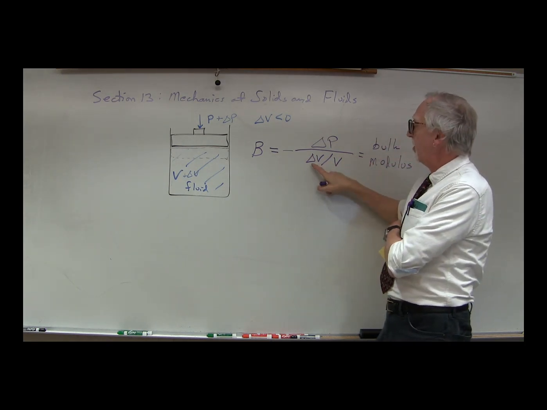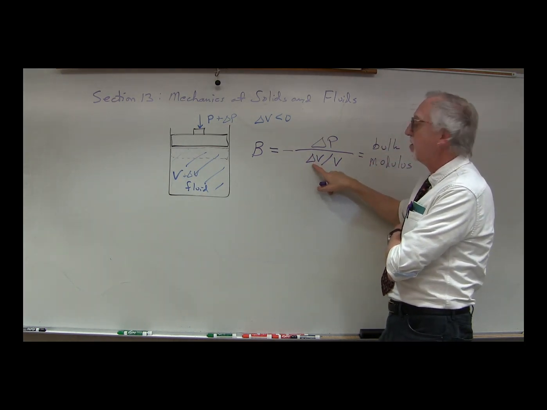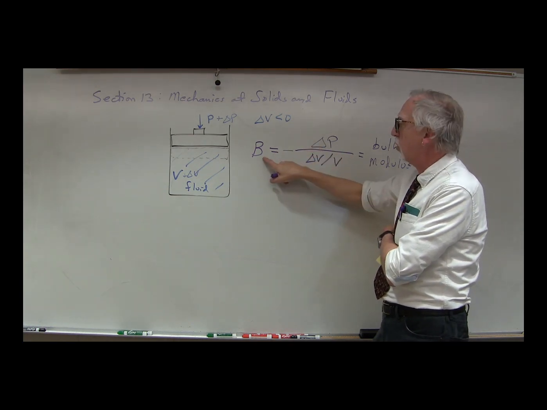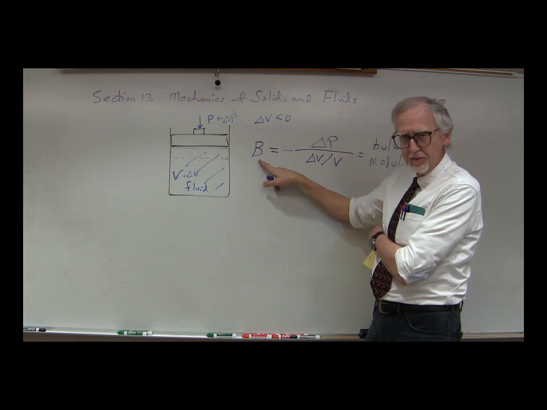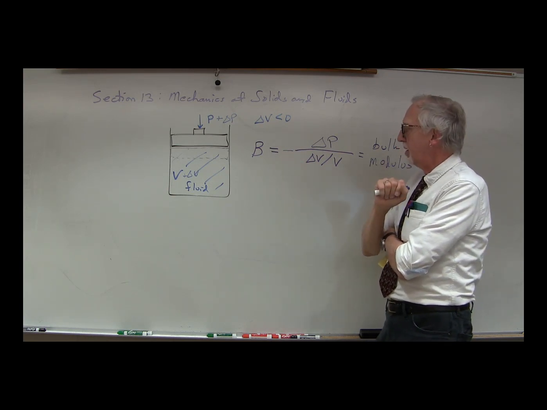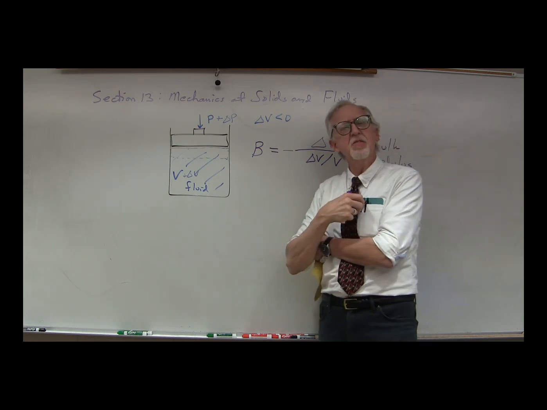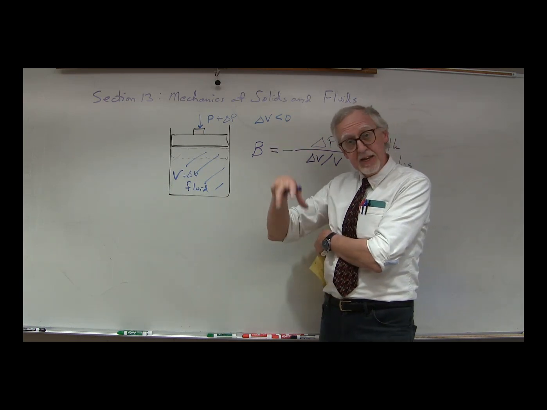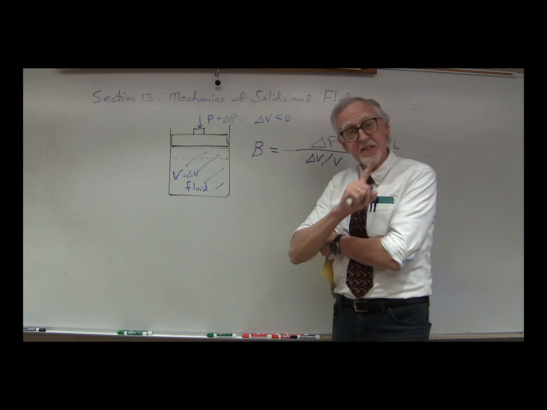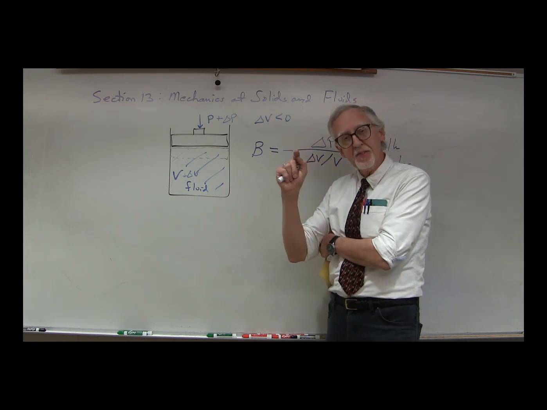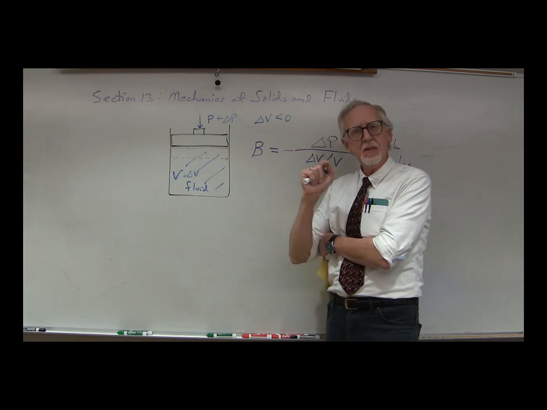So if delta V is small, then B will be a large number, and if delta V is large, B will be a small number. So it measures basically the strength of the substance in its response to being compressed. Okay, very, very good. Let's now move on to looking at the change in the pressure depending on how far down you go in the fluid.